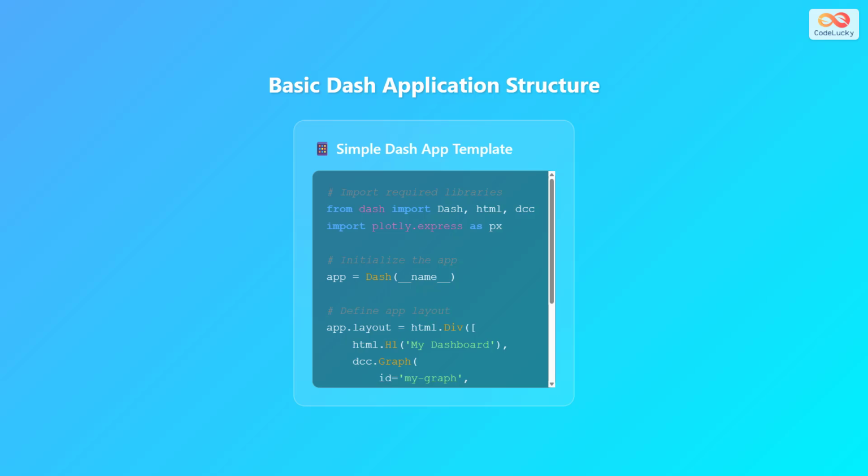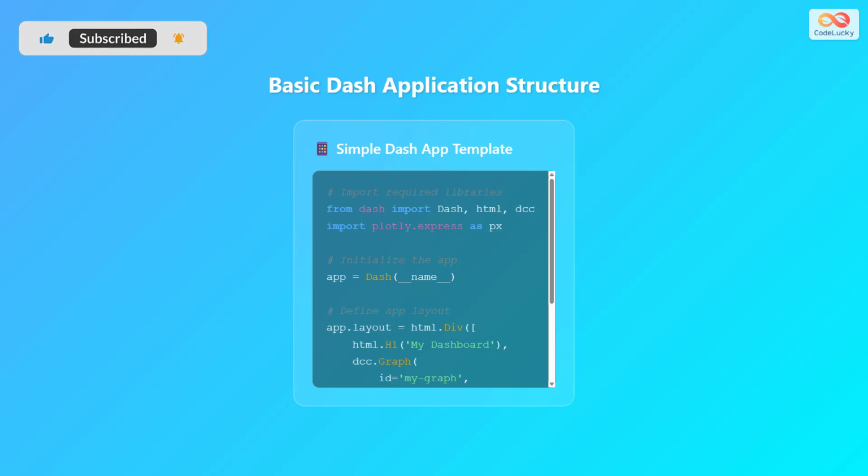The app layout defines what users see on their screens and is created using html.Div containing your page elements. Inside the layout, you can include headers using html.H1 with your title text, and interactive graphs using dcc.Graph with an id parameter and empty figure dictionary.